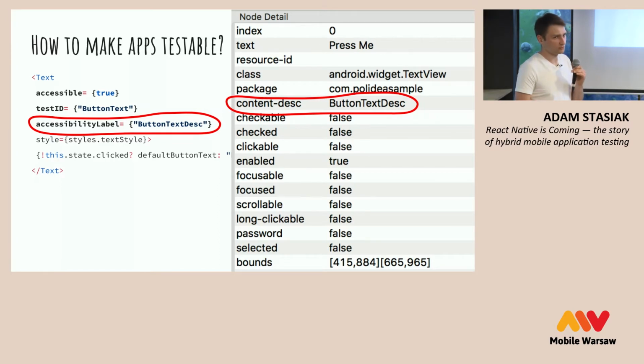We are not able to do this in React Native for some reason. And you can see that nowhere can we find the button text. So if we decide not to use Detox but a native solution, our only chance to avoid using text as a selector is using accessibility label and content description.